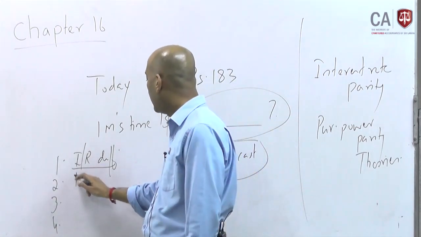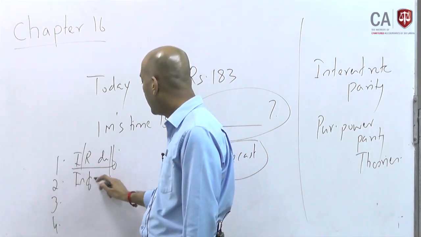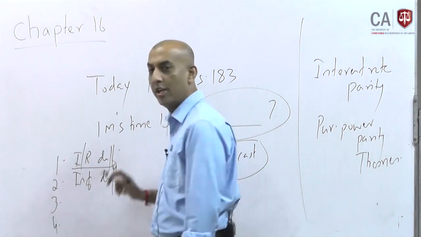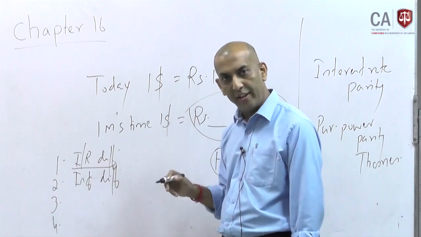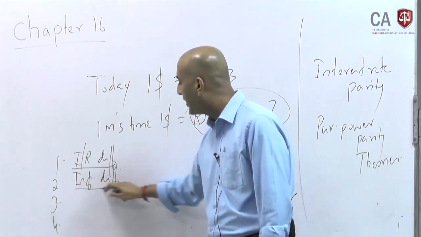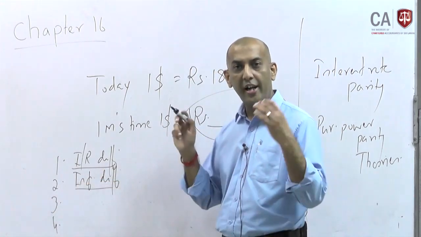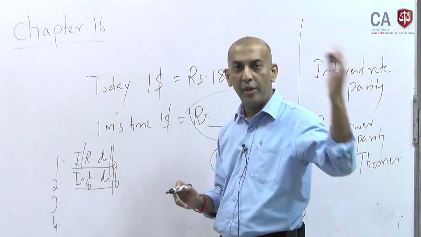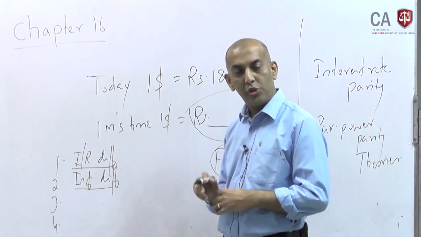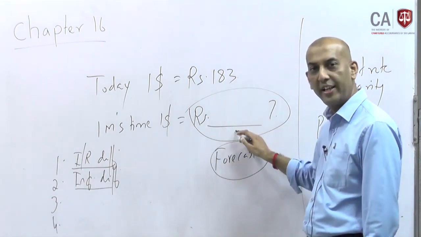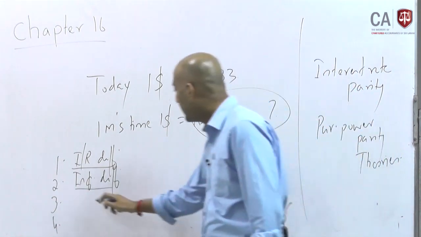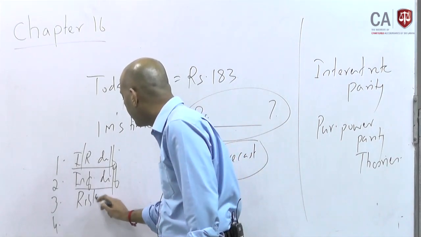Second reason, inflation differences. Today's exchange rate and the future exchange rate are different. Why? Because inflation is different. Sri Lanka inflation can be 5%, US inflation can be 2%. So because of the inflation differences, your today's exchange rate, future exchange rate is different. Third, risk factors.